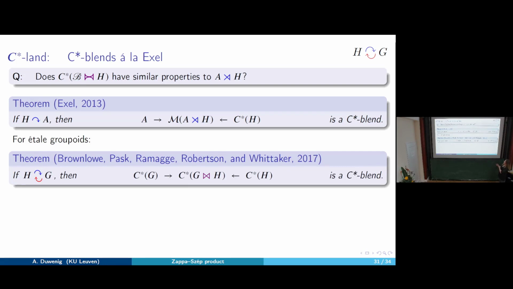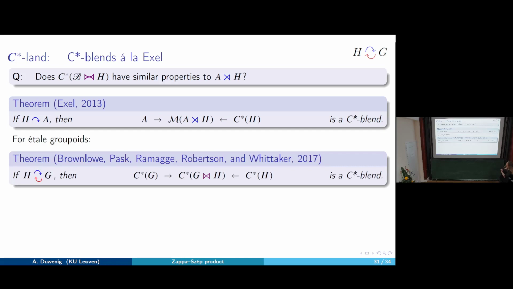So you have one big C-star algebra, in this case the cross product, and two sub-C-star algebras that have injective homomorphisms into the multiplier algebra. These are the little arrows here, such that if you look at the image of the tensor product, it is exactly the small C-star algebra that we started with, not the multiplier algebra.